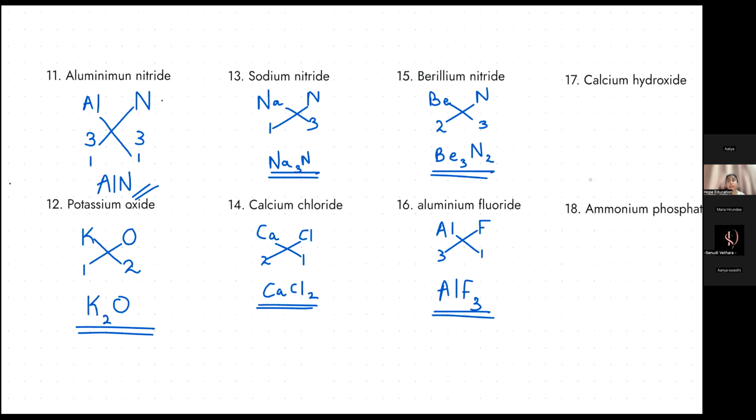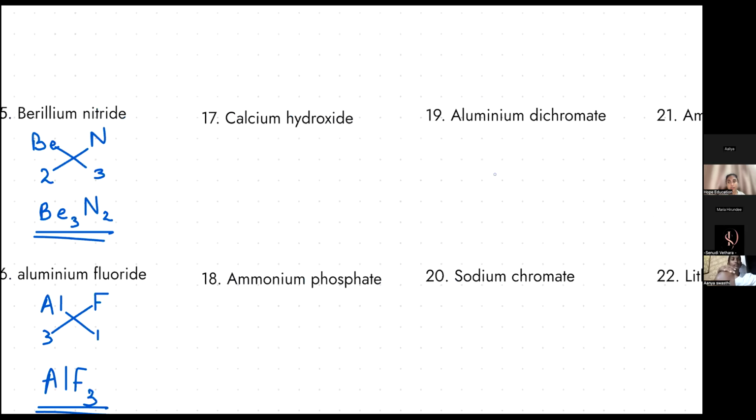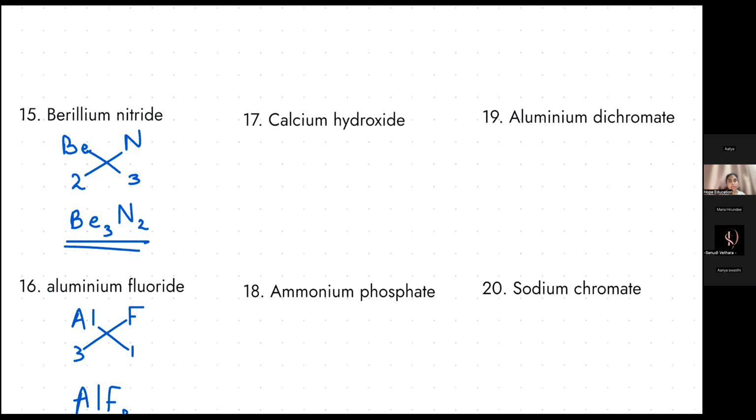Now we are coming to radicals, which are polyatomic ions, if you remember, ions with a number of atoms. So we have calcium hydroxide, right? Calcium is Ca. What is hydroxide?